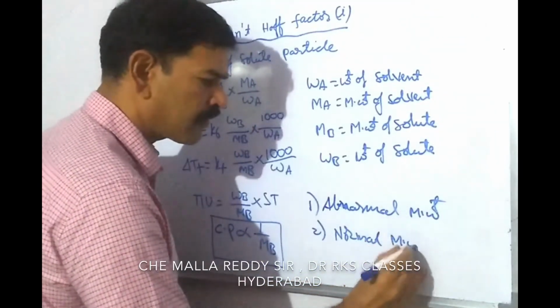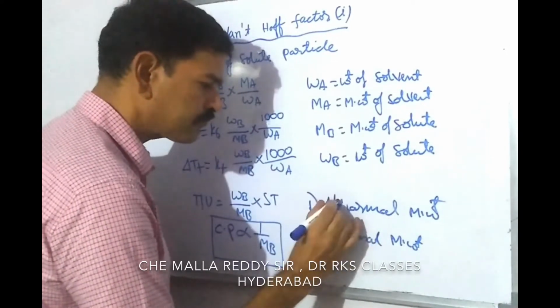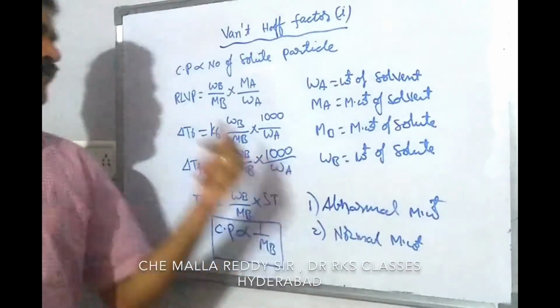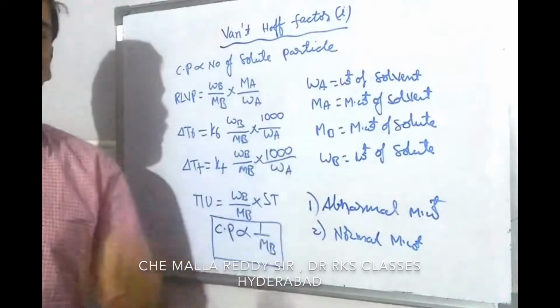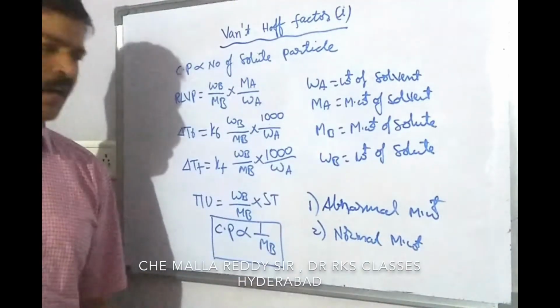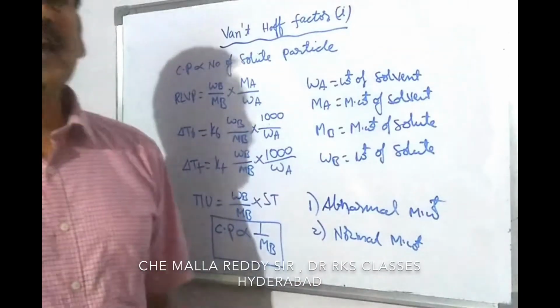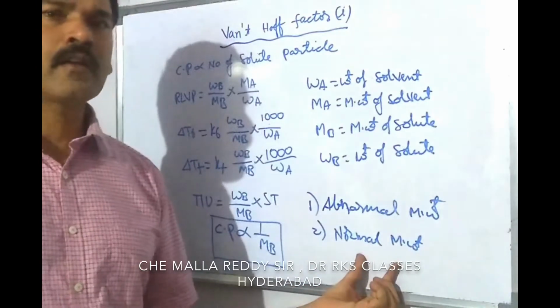Abnormal molecular weight means the molecular weights which are calculated from colligative properties. What is normal molecular weight? The molecular weights which are calculated from the formula are called normal molecular weights.